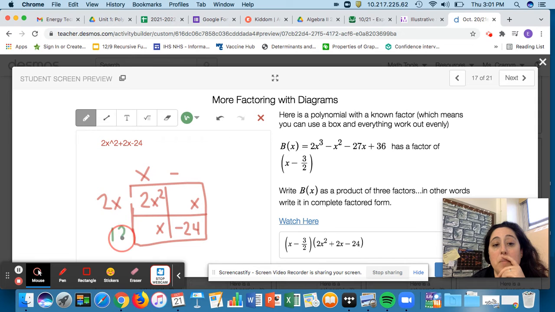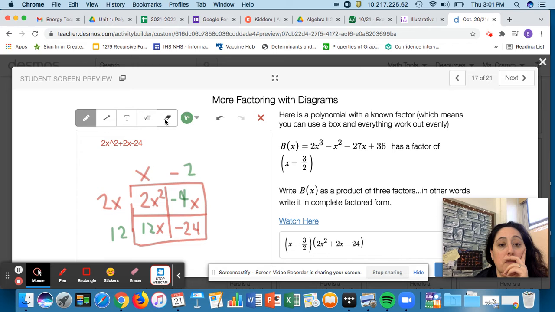So let me try positive 12, negative 2. 2x times negative 2 is a negative 4x. And 12 times x is just 12x. All right. So let's see. 12 minus 4 is not a positive 2.